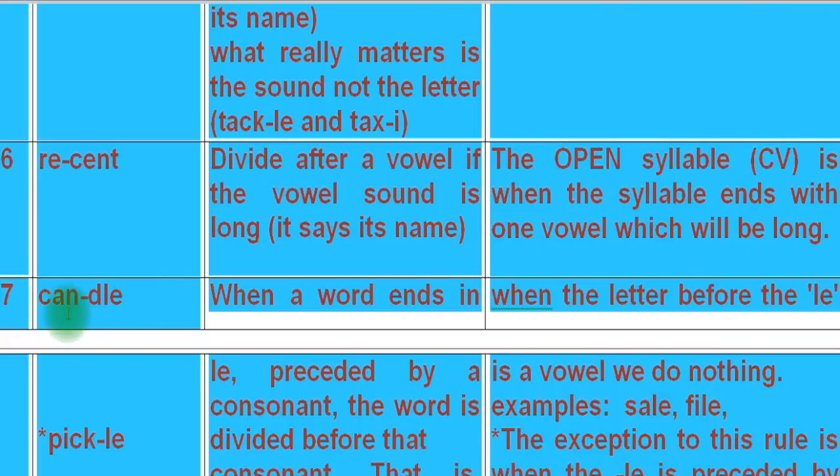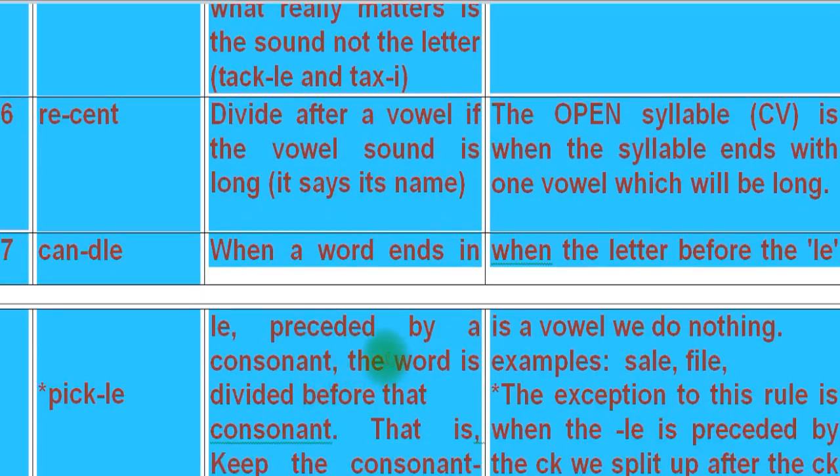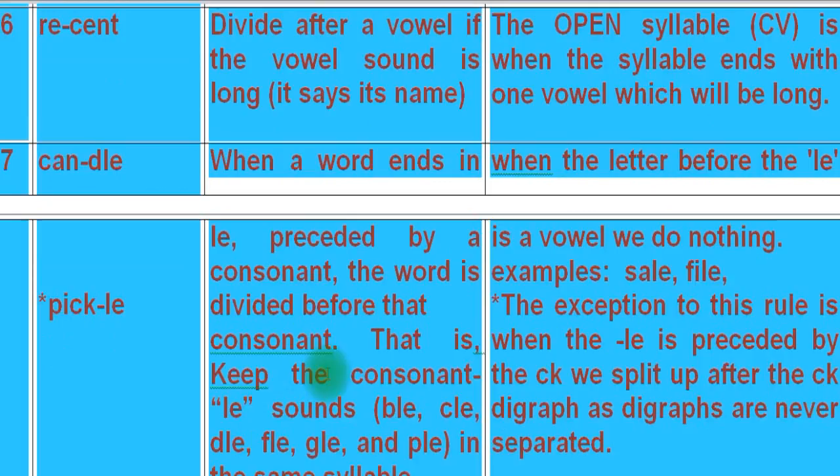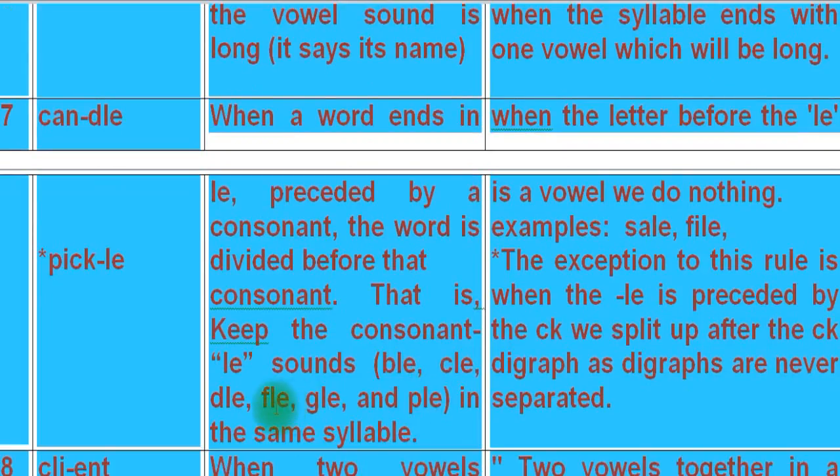7. Candle. When a word ends in LE preceded by a consonant, the word is divided before the consonant. That is, keep the consonant-LE sounds BLE, CLE, DLE, FLE, GLE, and PLE in the same syllable.